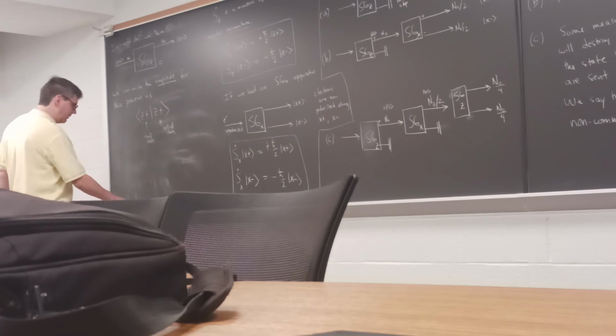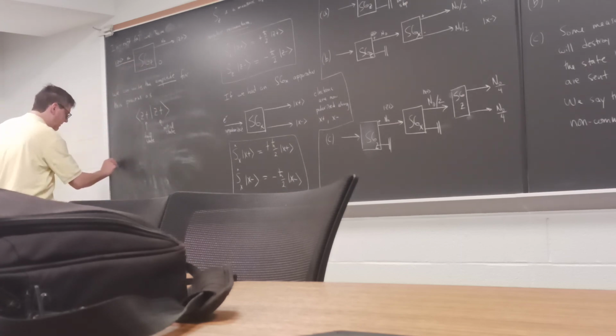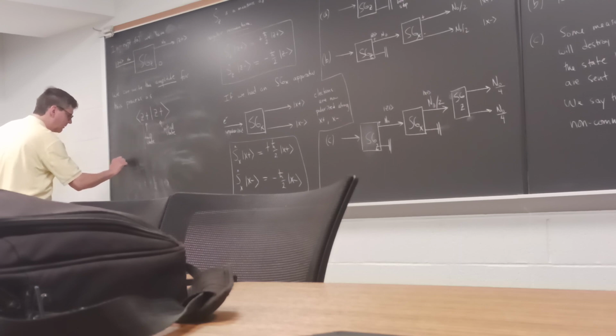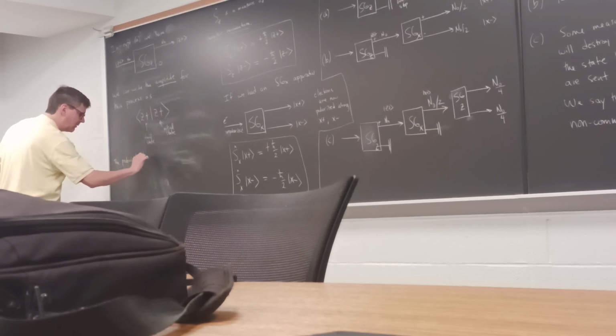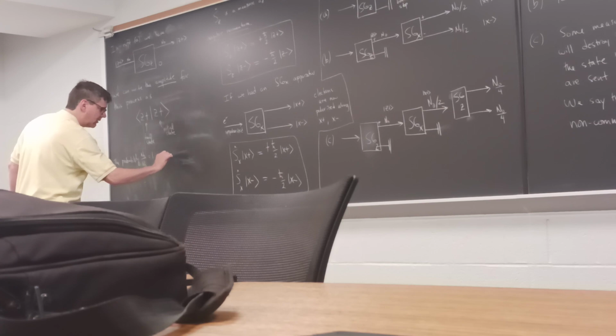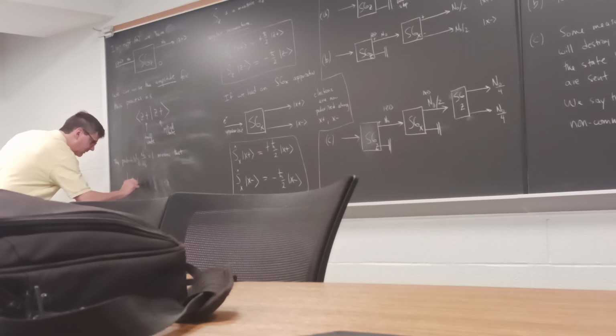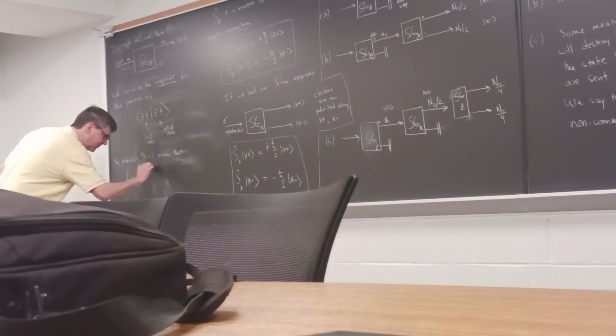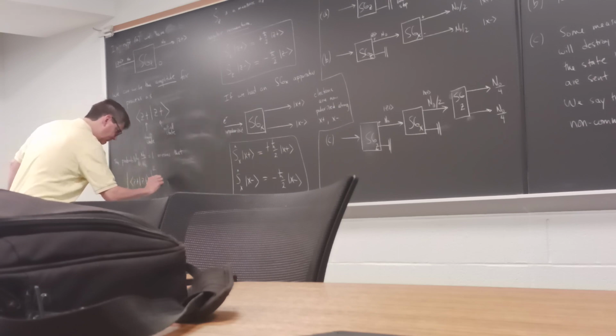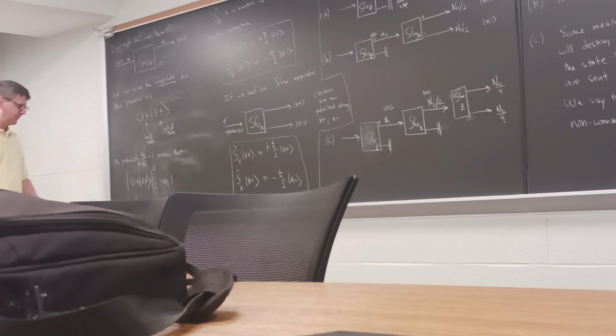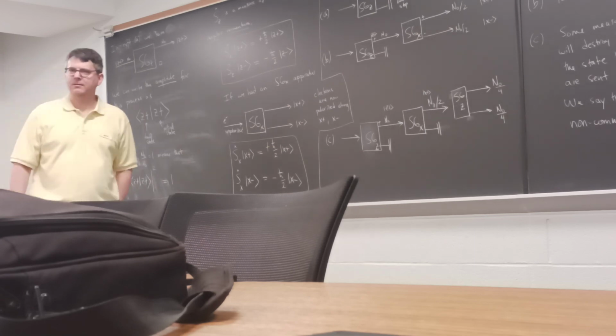And so the probability 1 means the following: the magnitude squared is equal to 1, because that's the probability.